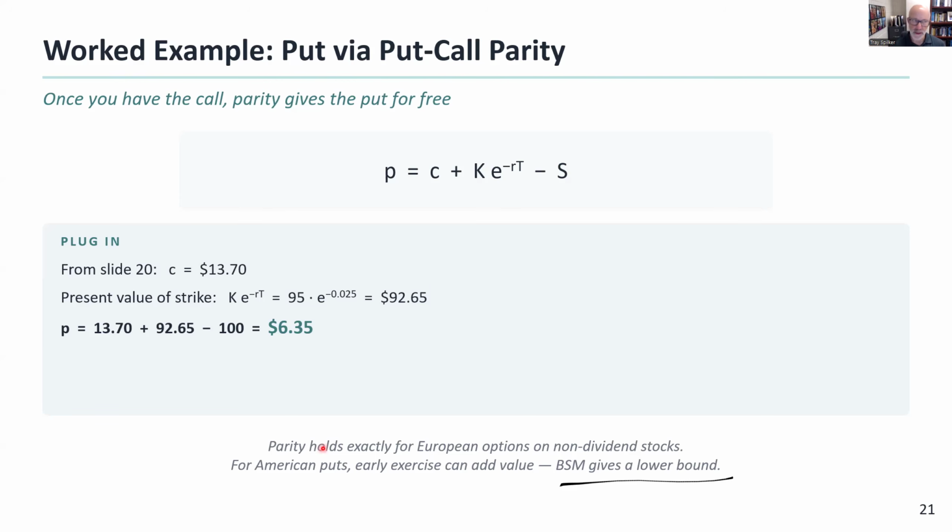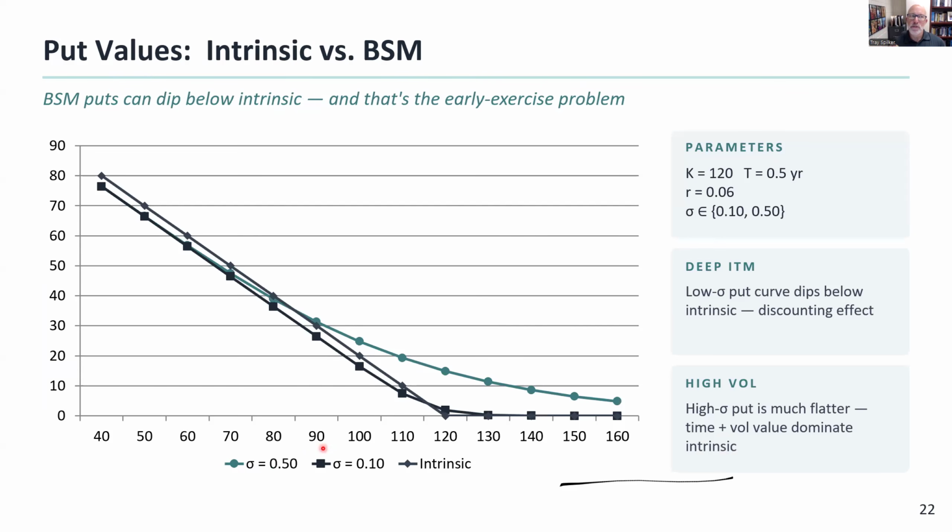Now, here's something that's interesting. The Black-Scholes-Merton model shows us that put values can actually fall below the intrinsic value, because of the early exercise problem. For deep in the money European puts, you'll notice here that the option value lies below the intrinsic value that's shown here with the diamonds.